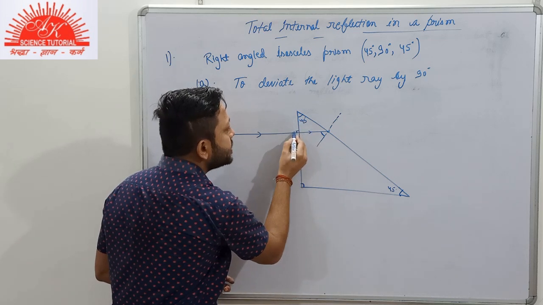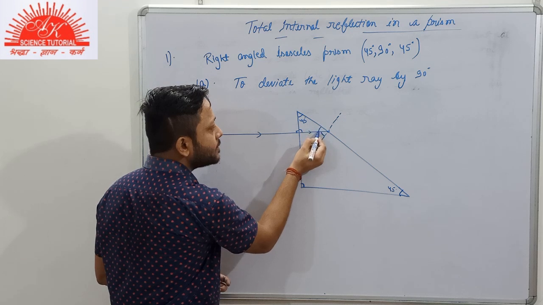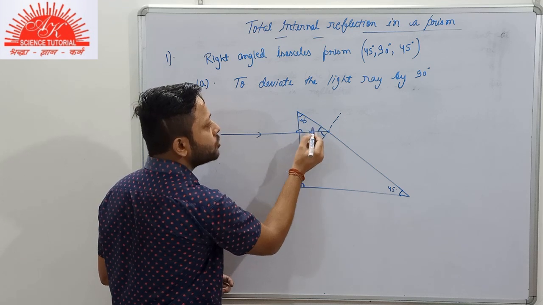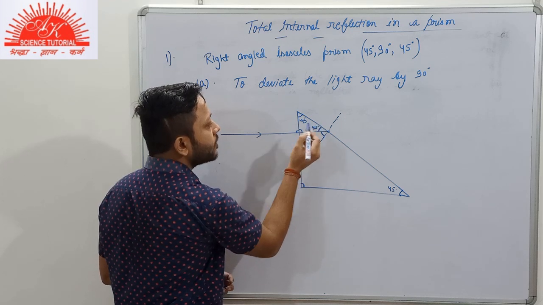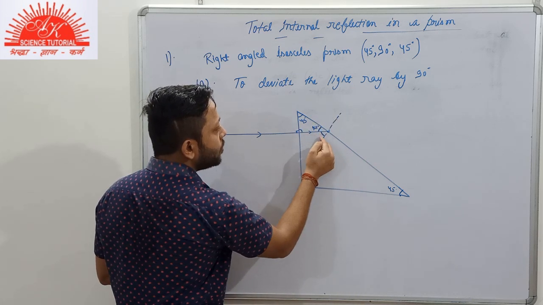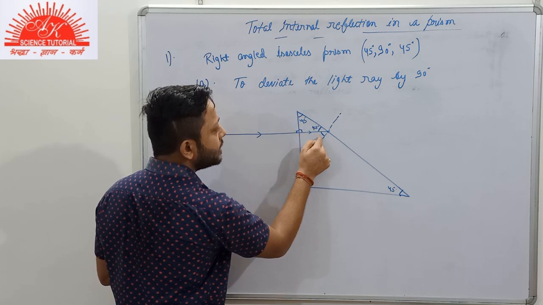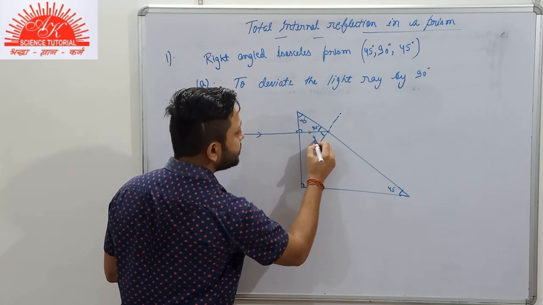This is 45, this is 90, so this angle must be 90, and the third angle will also be 45. As you can see, we have drawn the normal here, so this whole angle must be 90 degrees. So this is 45, then this angle must be 45.